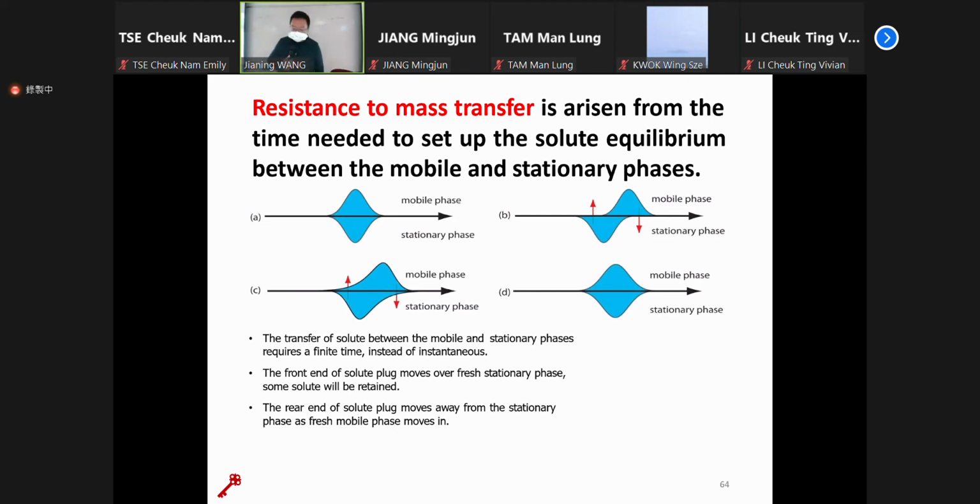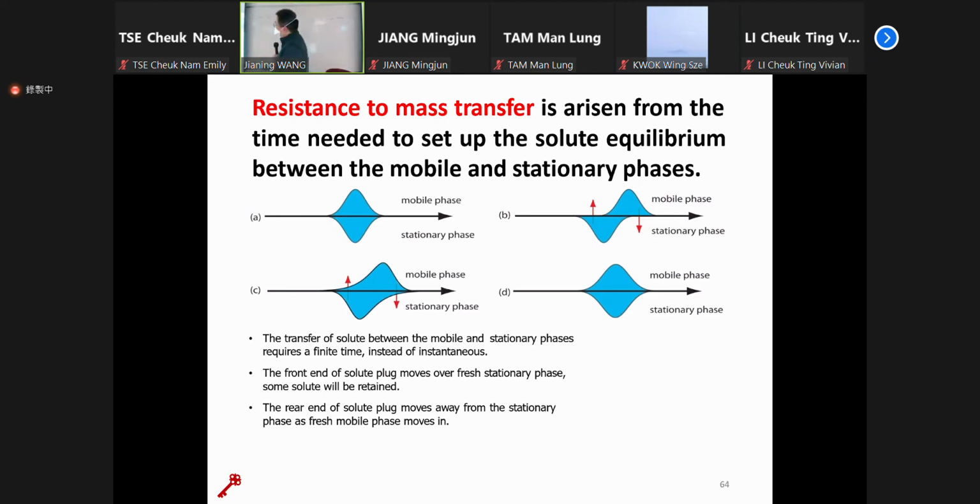So in this term, we consider the interface between the mobile phase and the stationary phase, on the surface of the particle, or for an open tubular column, just the interface at the inner wall of the column.